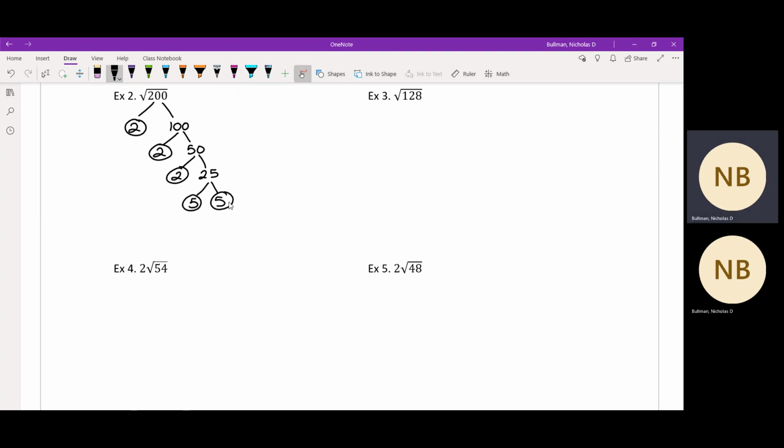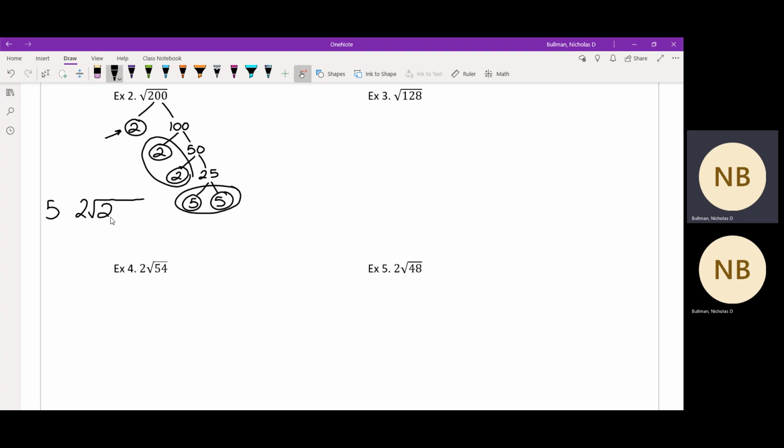So I want to figure out, where are my dates? Where are my pairs? I have a pair of 5s, and every pair goes on the outside, so that 5 is going to come outside. I also have another pair. This 2 is going to come outside as well. And then I have this single 2 right here that will go on the inside. If it's single, it stays inside. If it has a pair, if it has a date, it goes outside.